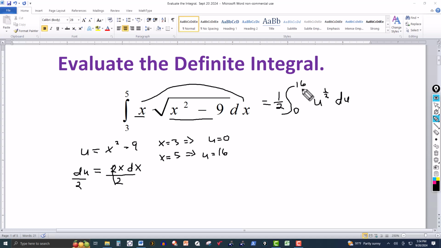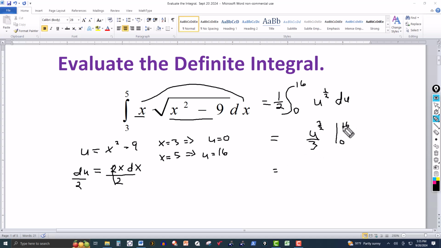Then it's just a regular integration with respect to u. I add 1 to the 1/2, that gives me 3/2, and then I divide the 1/2 by the 3/2, invert and multiply, so this will give me the 1/3. I just put it over 3, and this is integrated from 0 to 16.